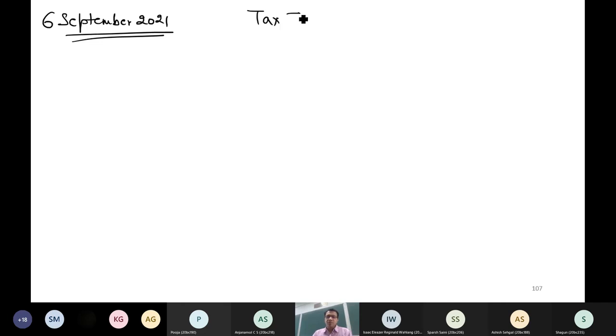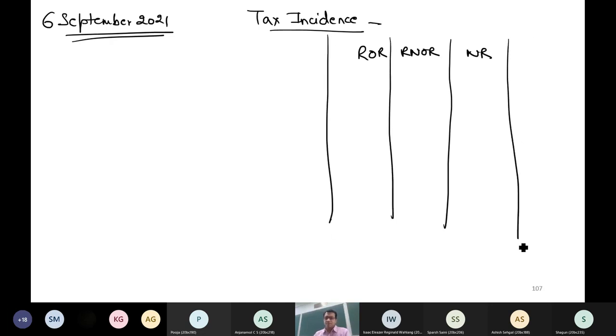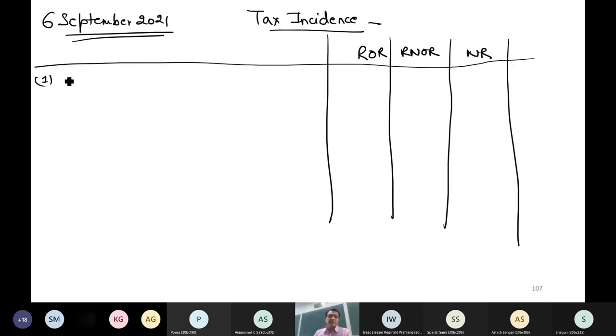So the topic of tax incidence is being continued, and let me now again simplify ROR, RNOR and NR. First point, income accrued in India, that means actually accrued in India, in real life, is taxable for everyone.